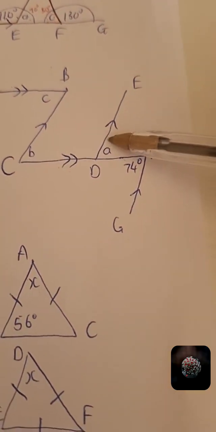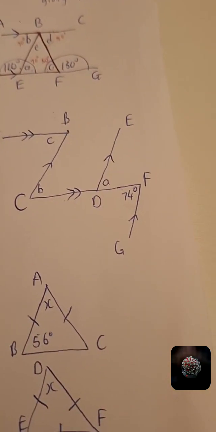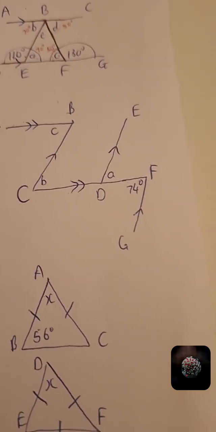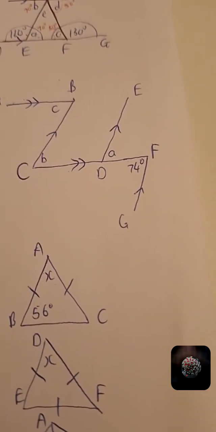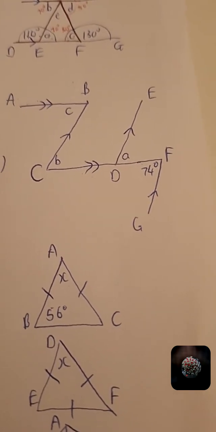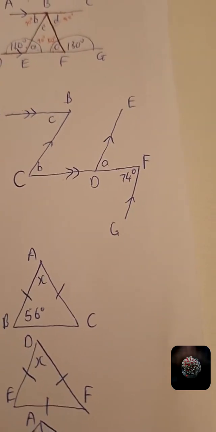Landio, 74 degrees is equal to A. Okay, you said A is equal to? Sir, my network. I know, hey, but just say that again. 74 degrees. Thank you. A is equal to 74 degrees, reason alternate angles. That's true, and we need to state something else.